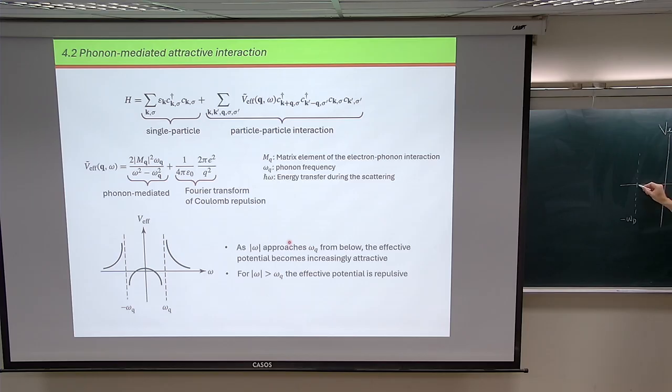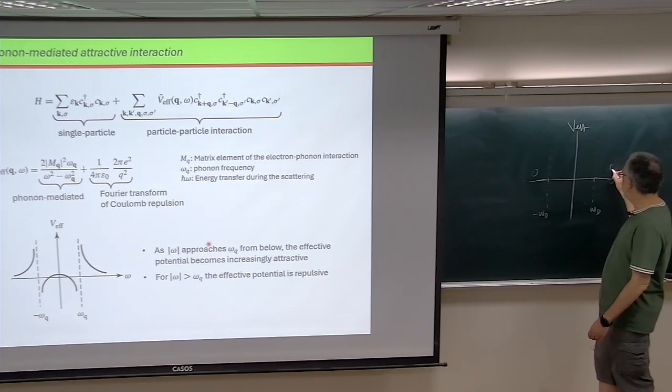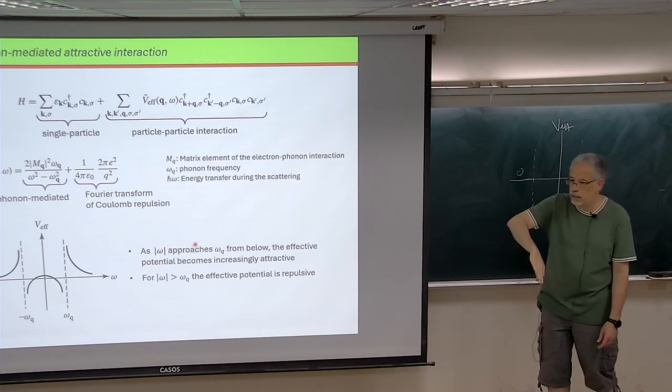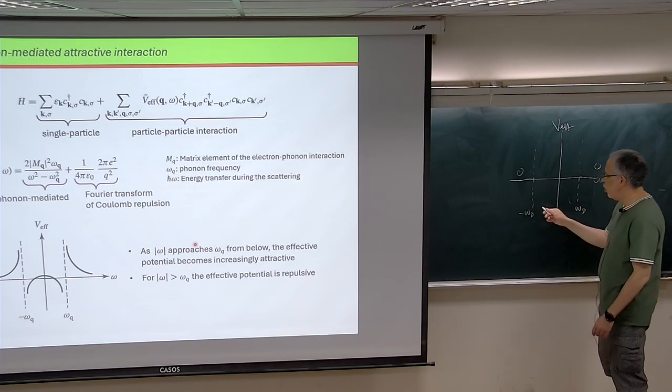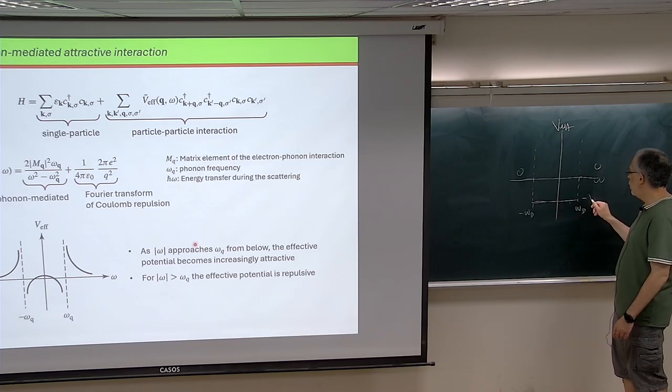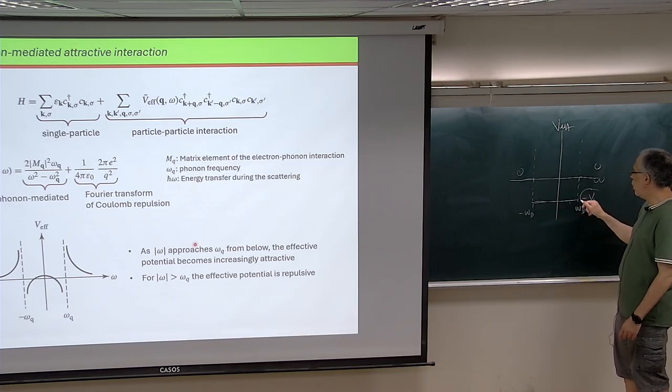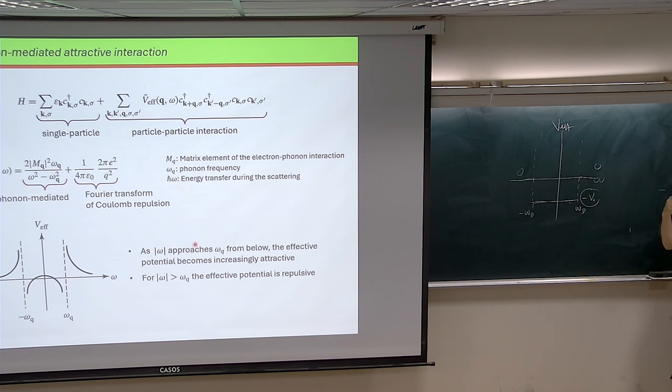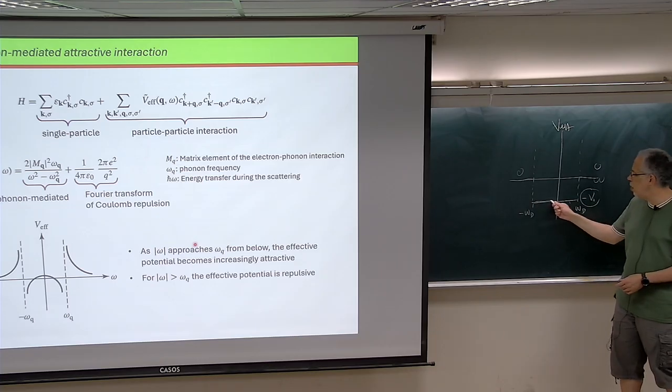They say, okay, here my potential will be 0, here will be 0, and here, instead of this, I will put a constant, at some value minus V naught. This V naught is some material-specific value, which is related to the strength of the electron-phonon interaction in the material. So this is the approximation for the potential.